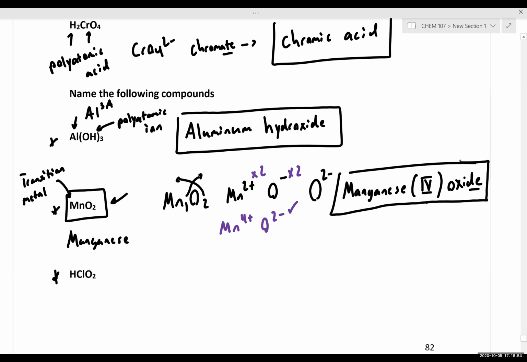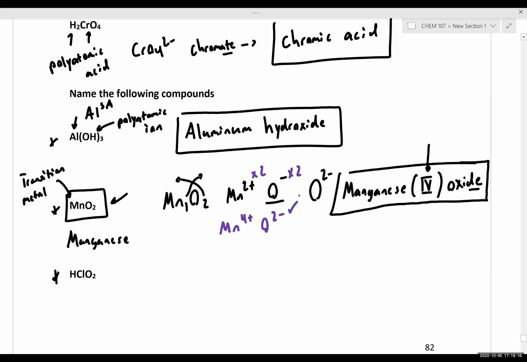Yes, Professor. When it's a transition metal, is that when we multiply only at that time or no? So the transition metal simply denotes that we have to specify the charge with a Roman numeral. The reason why we multiply is when we reverse cross our charges, we get a charge of 1- for oxygen.